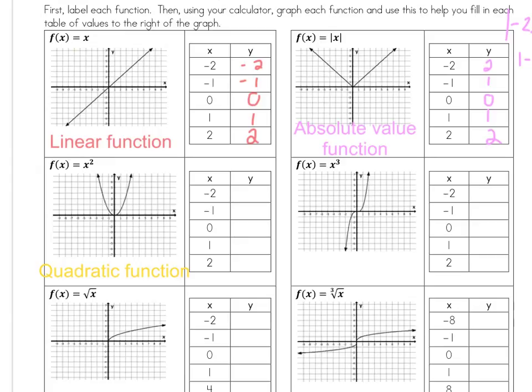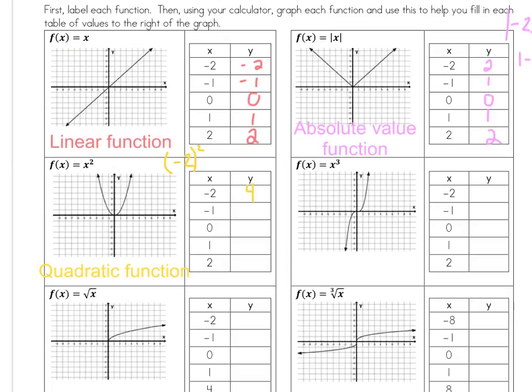So if we graph this, we're going to notice that it makes a U shape. That's what a parabola or a quadratic function looks like. And we get that by taking every single one of the inputs, no matter what we put in, and squaring it. So what is negative 2 squared? Well, that's negative 2 times negative 2, which is positive 4, not negative.